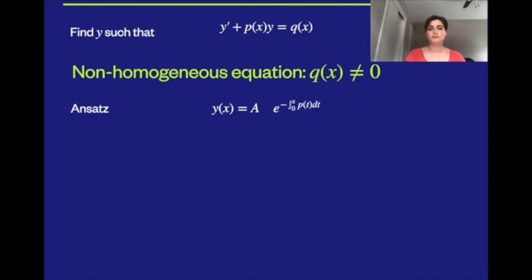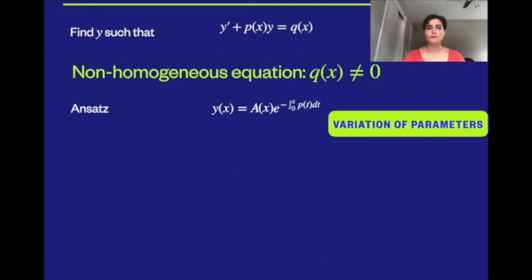We try to guess that y of x is equal to the same thing we got the previous time, so a times the exponential of minus the integral of p(t) dt. This doesn't take into consideration q at all, so it's clearly a rough approximation. But what we can do is just say, well, what if a was not a constant, but a function of x itself?